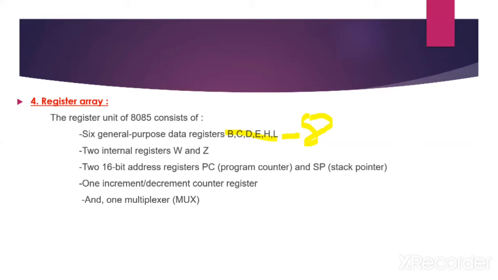If we use these registers in pairs, these three pairs are 16-bit registers, depending on the instruction being executed. The HL register pair can be used for address pointing. A few instructions use the BC and DE register pairs as address pointers, but normally they are used as general purpose data registers.